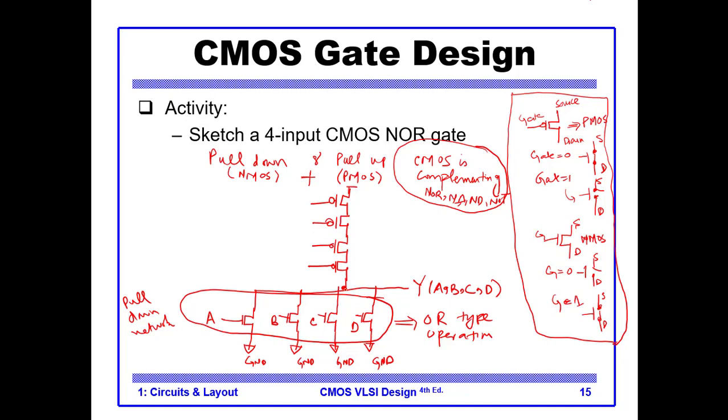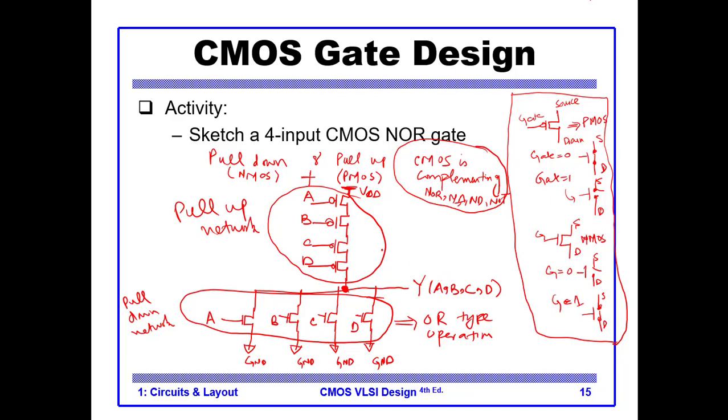So it is shorted with this point, and this is A, B, C, and D, and this is our VCC or VDD. This is our supply. So you see, this network is called pull up network, and the resultant is our NOR gate.